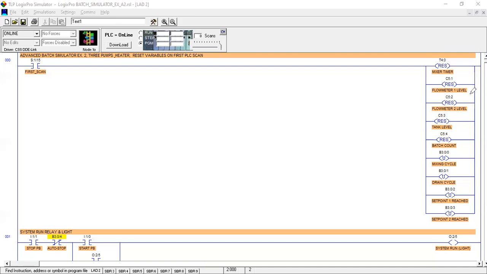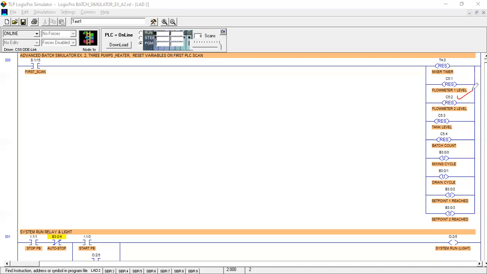After counting the liquid flow, we want to reset our counter instruction. So we take this reset instruction for resetting our counter instruction of flow meter 1.